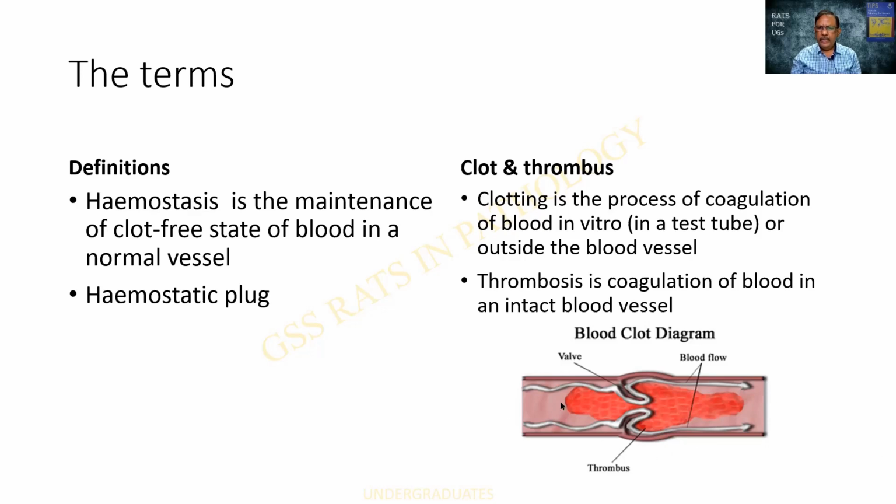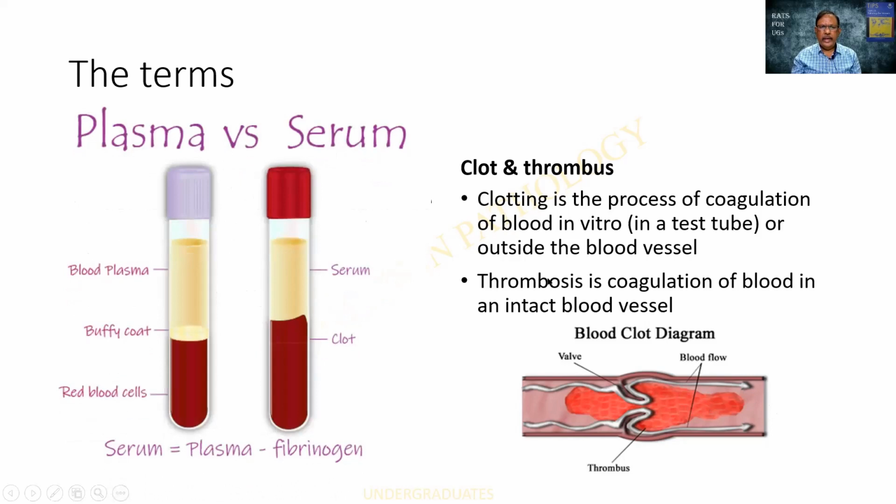For example, in this one, I am finding an intact blood vessel within which a clot is being formed. There are various reasons, we shall be going to them later on. But please do understand this. This is called a thrombus. Whereas, when you collect a sample and leave it for some time, it undergoes a clot and the serum gets separated.